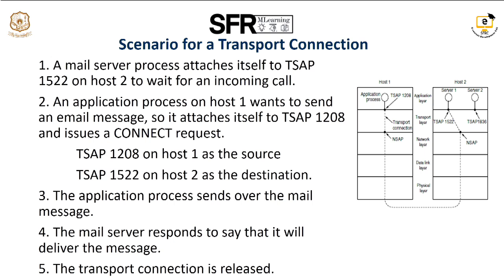Second step, an application process on host 1 wants to send an email message, so it attaches itself to TSAP 1208 and issues a connect request. The request specifies TSAP 1208 on host 1 as the source and TSAP 1522 on host 2 as the destination. This action results in a transport connection being established between the application process and the server.